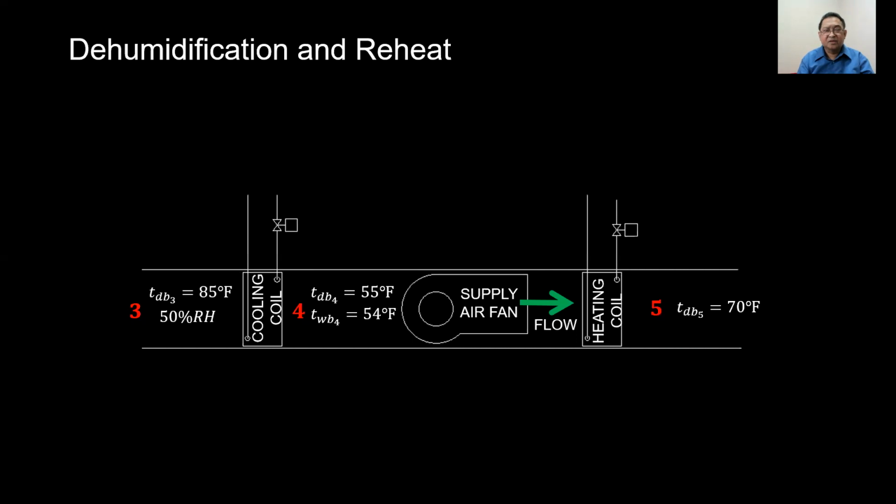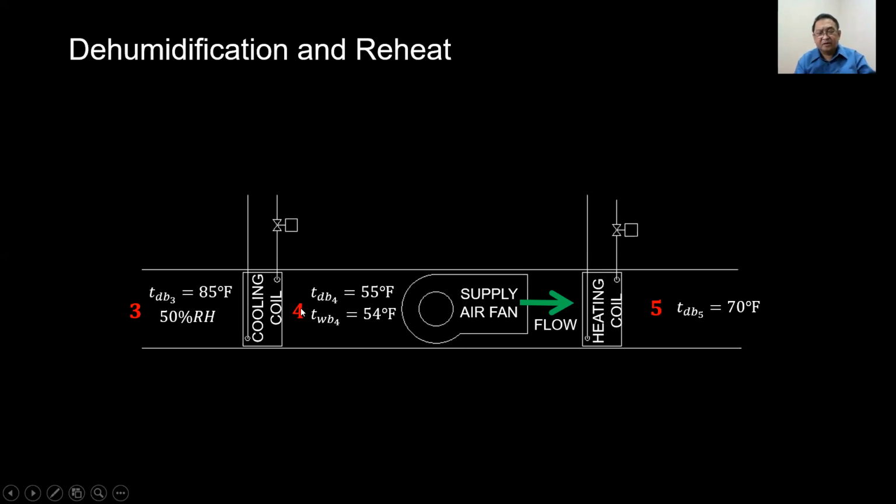Now let us go to humidification and reheat. Again, we have here an entering air at 85 Fahrenheit dry bulb at 50% RH. You pass it through the cooling coil, and the result, based on your dry bulb and wet bulb, will be dry bulb 55 Fahrenheit, wet bulb 54 Fahrenheit, supposing as measured.